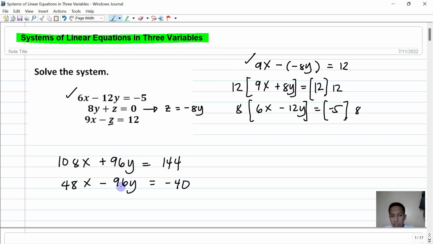Here, as you can see, the coefficient of y is the same. Only the sign is different. If you have the same sign, you should subtract, but if you have different signs, you should add.